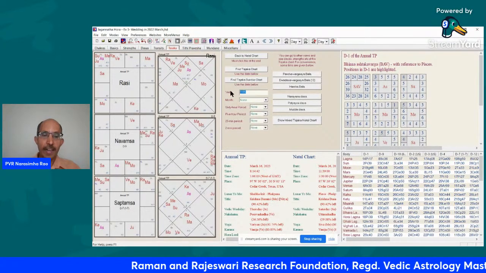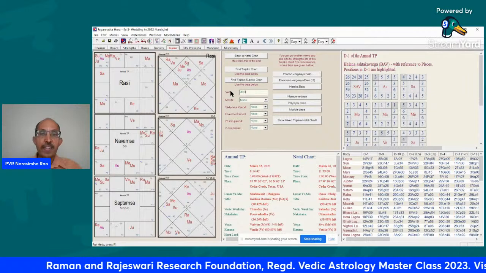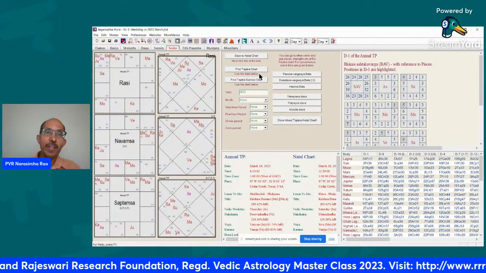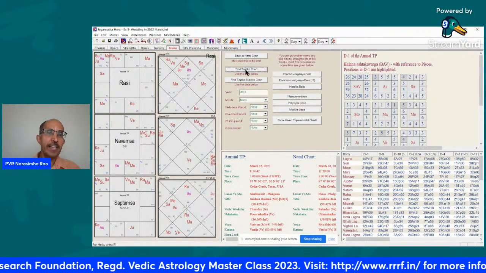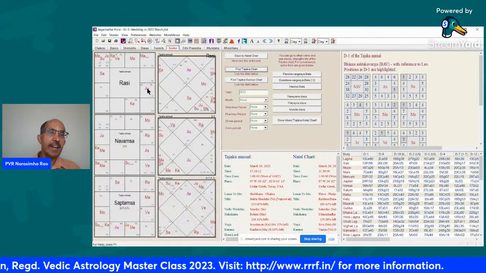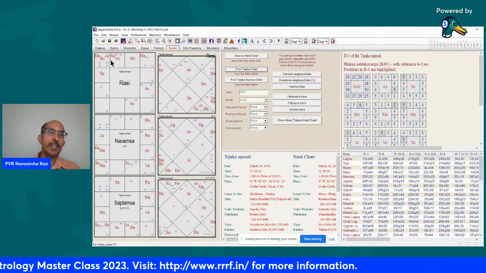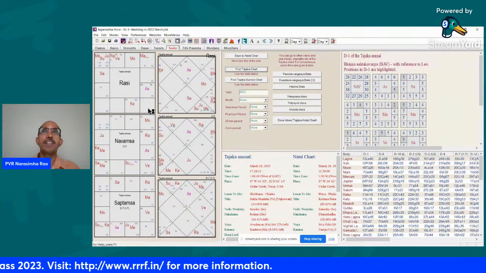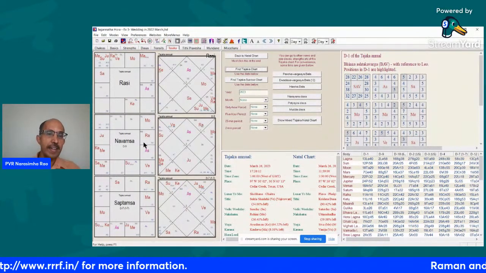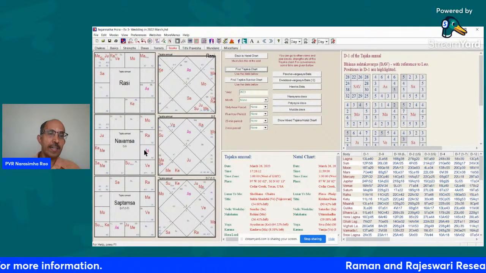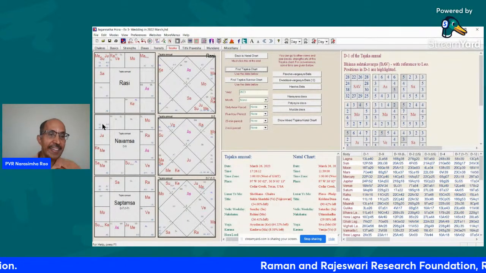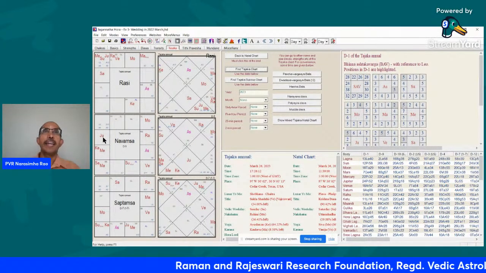And let's look at the Tajika chart. If you look at the Tajika chart of 2023, in the Rasi chart, you see that the seventh lord is in the seventh house and the Lagna Lord is in the eighth house with the eighth and second lords. So there are marka combinations here. And in the Navamsa chart, the eighth lord is in the seventh house.